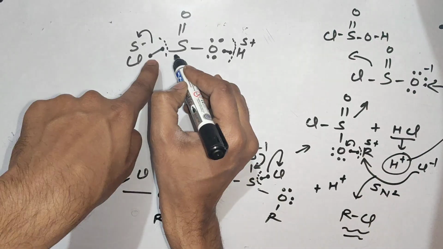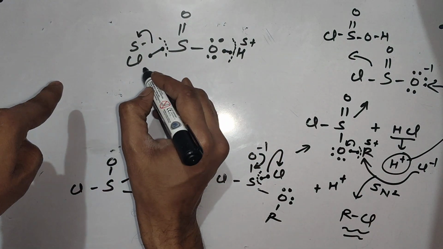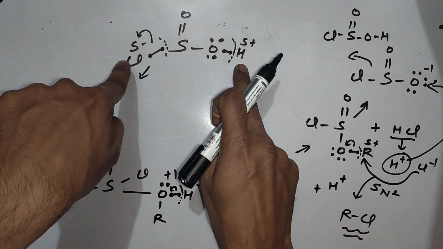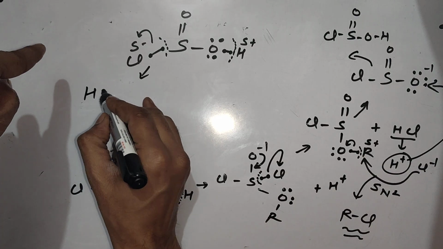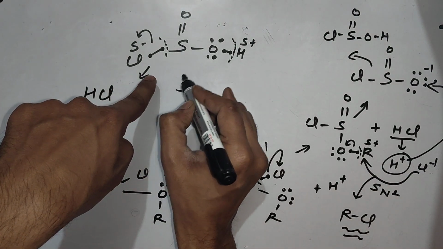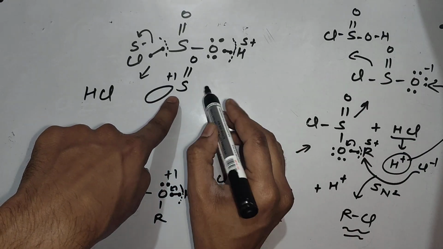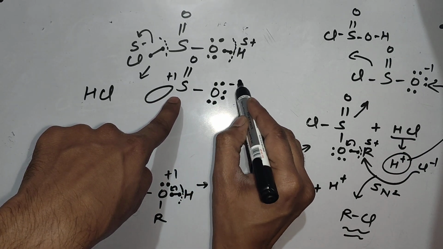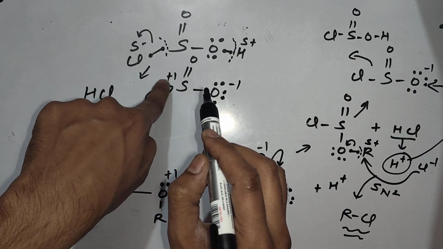So when the bond breaks, sulfur will have a vacant orbital and oxygen will have an extra lone pair that I am drawing. Cl will release out as Cl negative, H will release out as H positive, and HCl will generate out over here. And this will become SO with a vacant orbital on sulfur carrying +1 charge, oxygen carrying an extra electron carrying a negative charge.